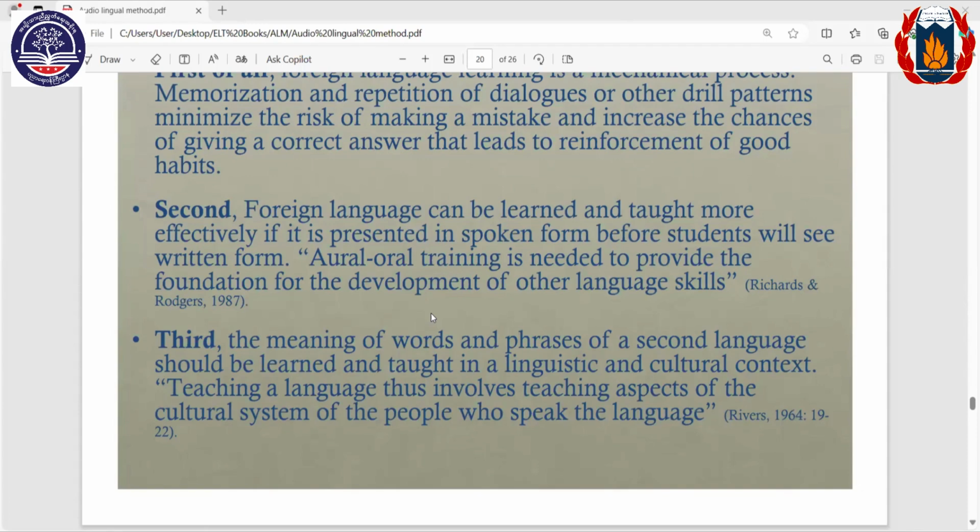For example, look at babies or children in primary school repeating a poem stated by the teacher. If you ask them whether they understand the poem, no, they don't understand, because they are learning accurately. That's why spoken form comes first. Oral training is needed as the foundation for the development of other language skills.